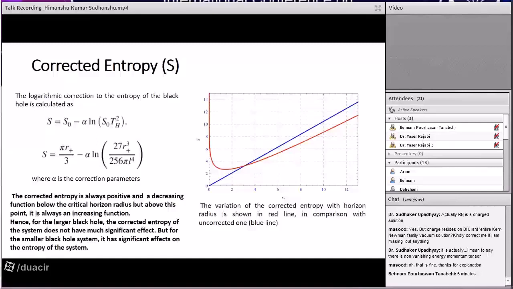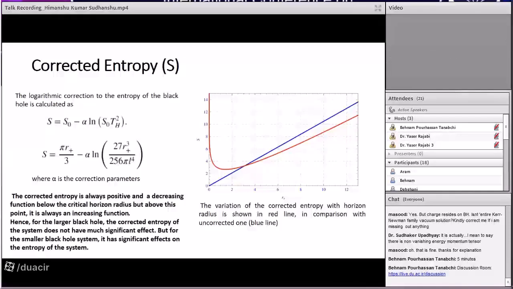But above this point, it is always an increasing function. Hence, for larger black holes, the corrected entropy does not have much significant effect on the thermodynamics of the black holes. But for smaller black hole systems, it has a significant effect on the entropy of the system.